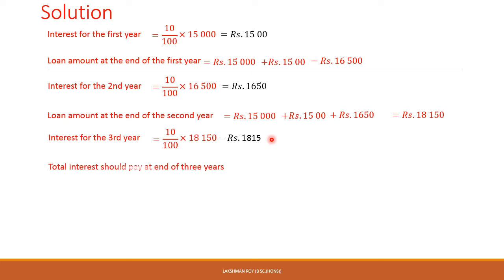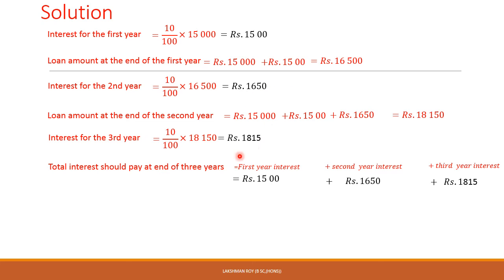Now what is the total interest you have to pay in the 3 years? Interest for the first year and interest for the second year, and you have to add interest for the third year, right? That is interest for the first year 1,500, interest for the second year 1,650, and interest for the third year 1,850.